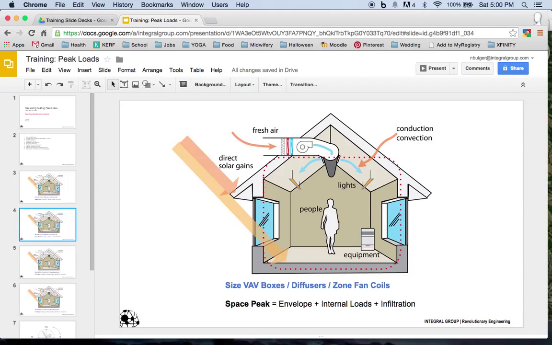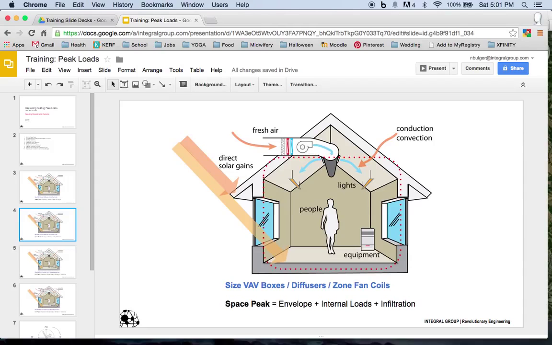So we would be able to say, okay, I know I'm going to supply 55, I know I'm always going to remove 75, so I know the change in temperature will be 20 degrees, and I also now know the load because I can add up all these things. I can add up the people, the lights, the equipment, the conduction, and the sun, and now I can just figure out a volume of air and therefore the size of that diffuser. And so that's really what the space peak has to do.